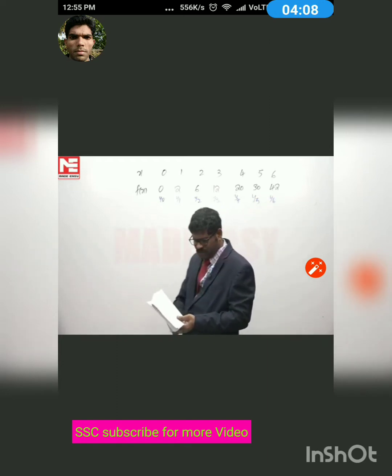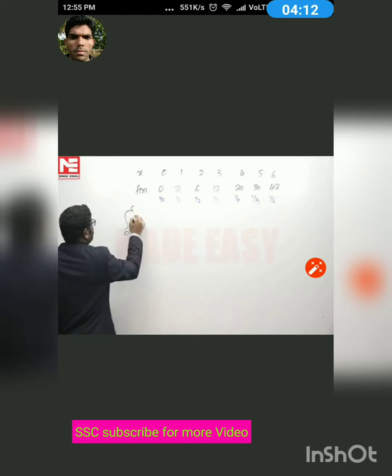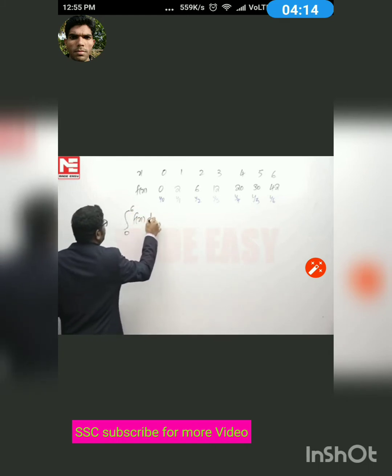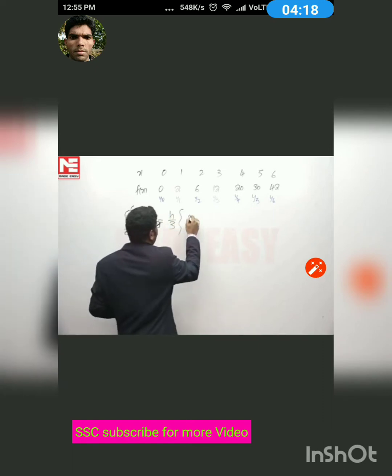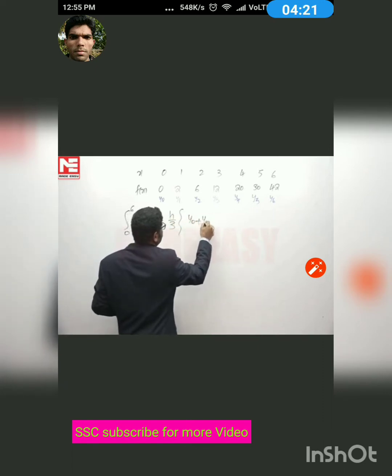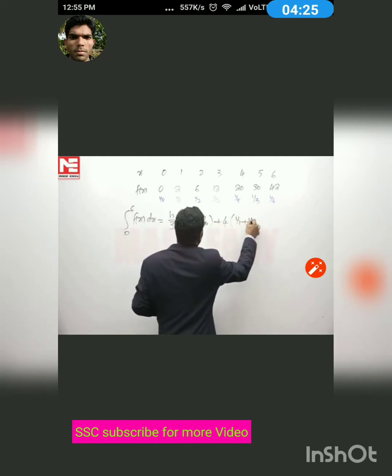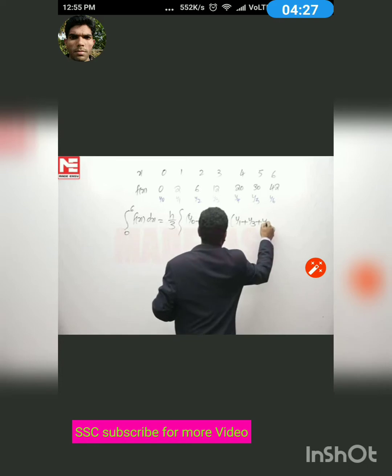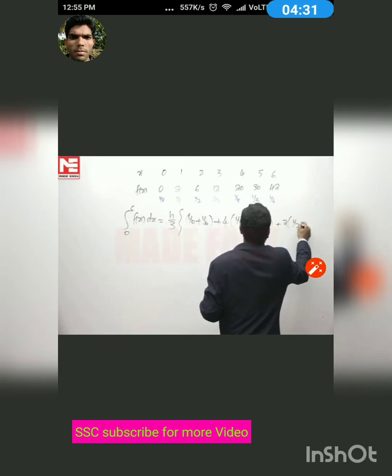We have to find out the integral from 0 to 6 of f of x dx by Simpson's one-third rule: h by 3 of y0 plus y6 plus 4 into the odd terms y1, y3, y5 plus 2 into the even terms y2, y4.